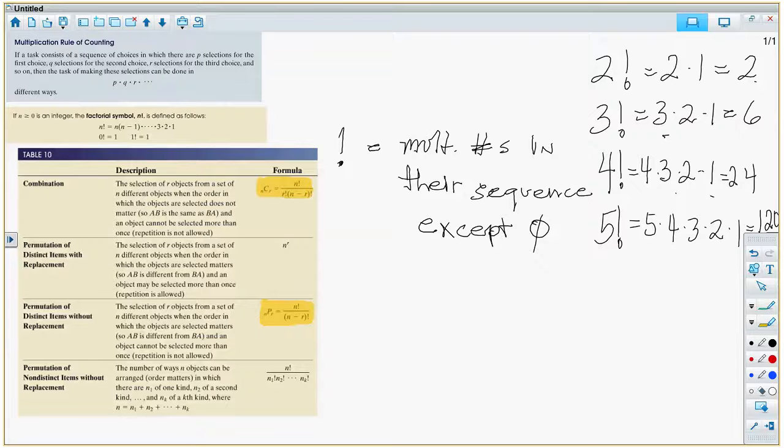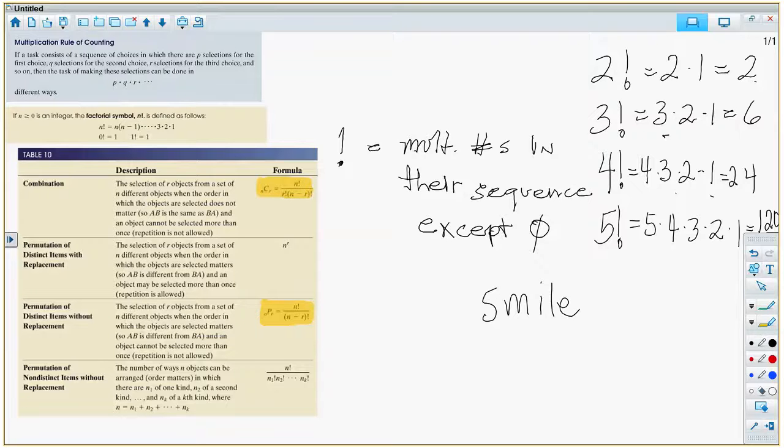So that's what factorial means. Now, not a lot of times are you going to use factorial. Like if I told you, let's take the word smile. How many different words? Now, I didn't say meaningful words. How many different arrangements of those letters can you make?